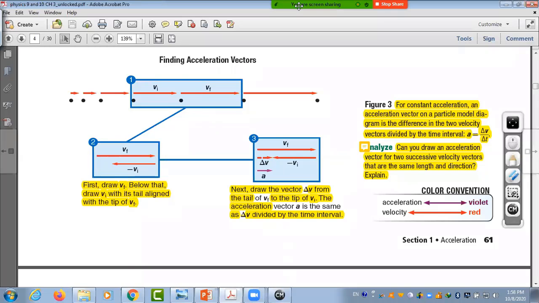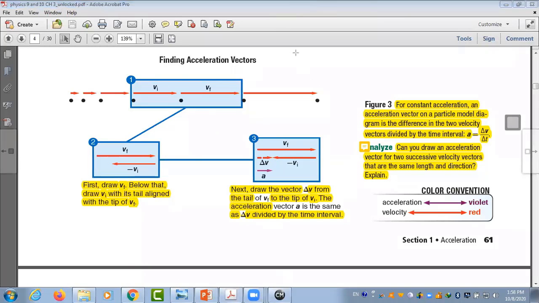So let's do it in steps together. If you have this Vi and this Vf, to find the acceleration, the law says acceleration equals Vf minus Vi over time.